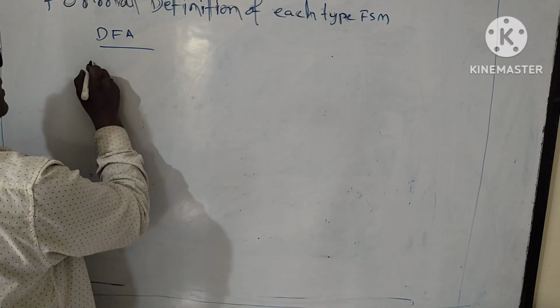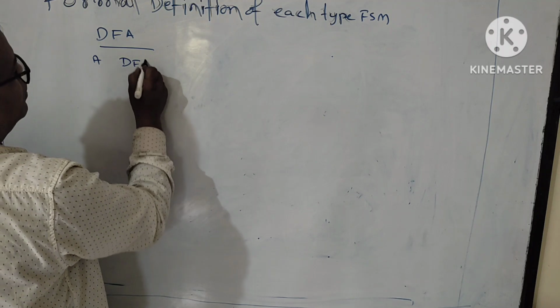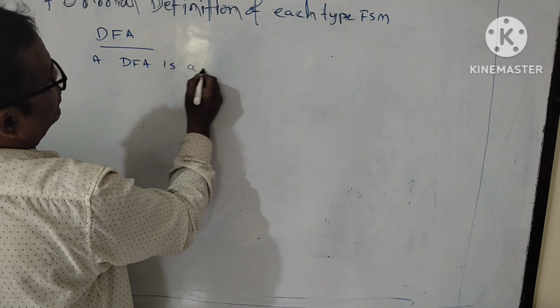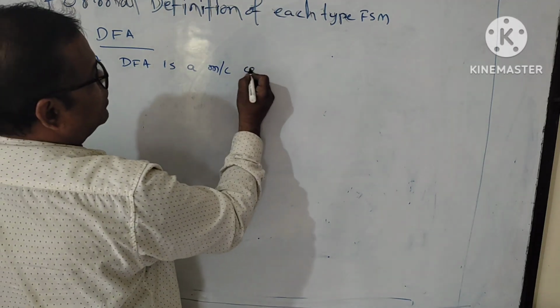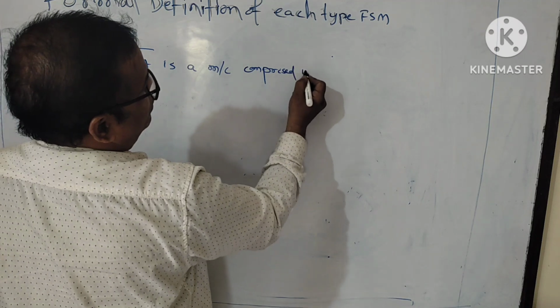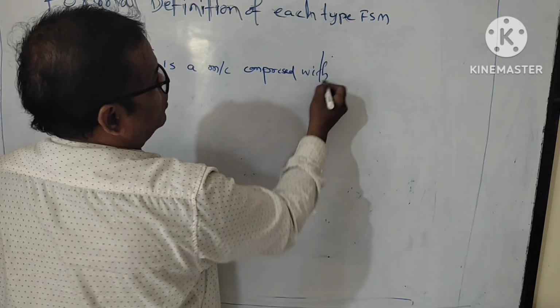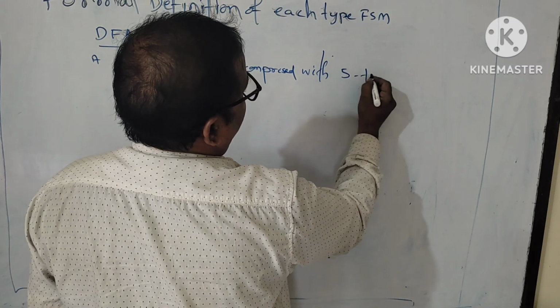What is the finite automata? A DFA is a machine comprised of 5 tuples. What are they called?